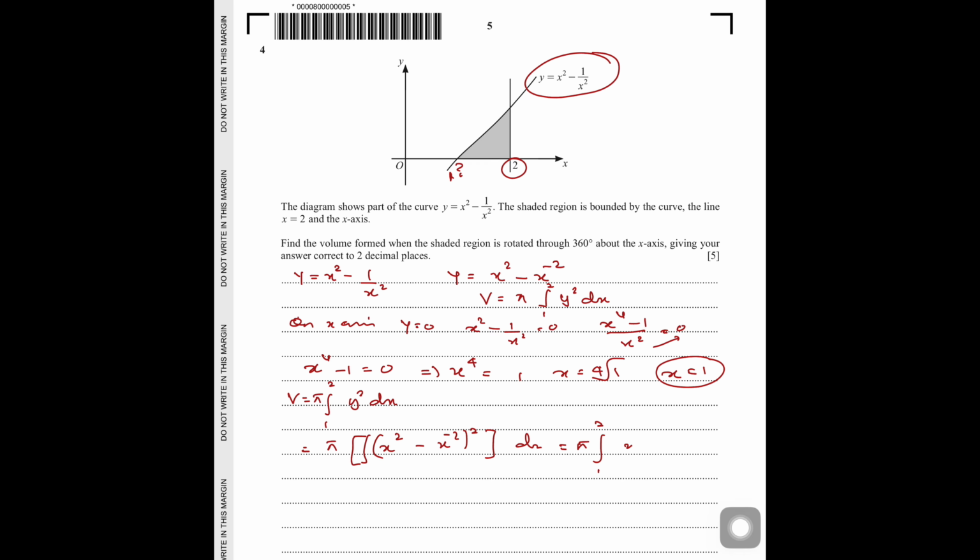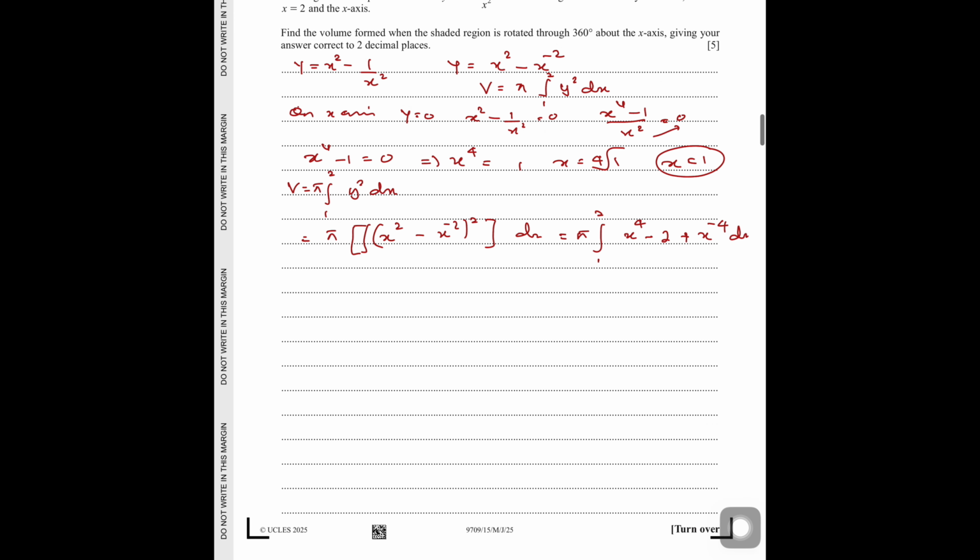So x to the power 4 minus 2 times x squared times x to the power negative 2, which is 2, and plus x to the power negative 2 squared is negative 4 dx. So that's pi x to the power 5 over 5 minus 2x plus x to the power negative 3 over negative 3, 1 to 2.